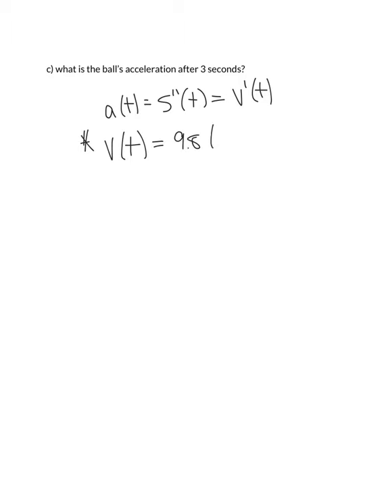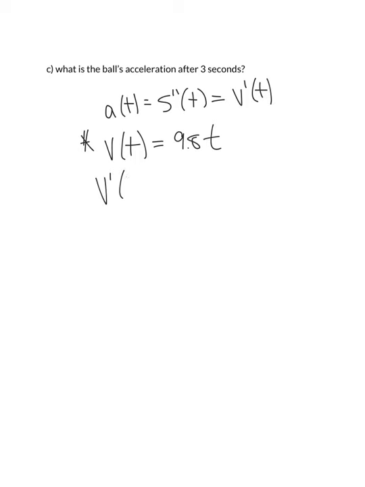C, what is the ball's acceleration after 3 seconds? So I know from that beginning page that acceleration, or a of t, is equal to the second derivative of my distance formula, or it's equal to the derivative of my velocity function. So we found on the previous page, as a quick recall, my v of t is equal to 9.8 t.